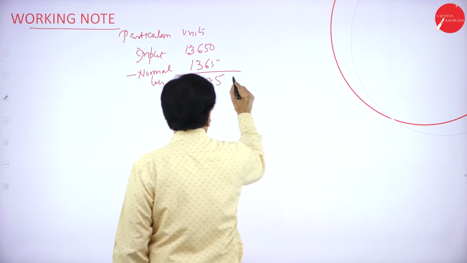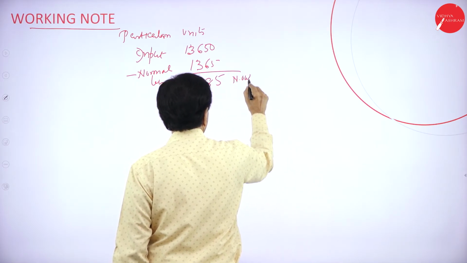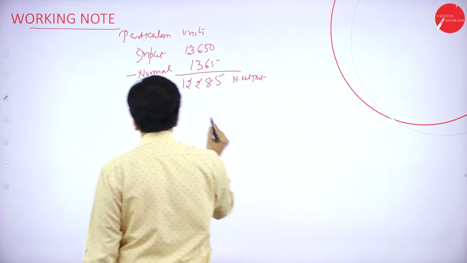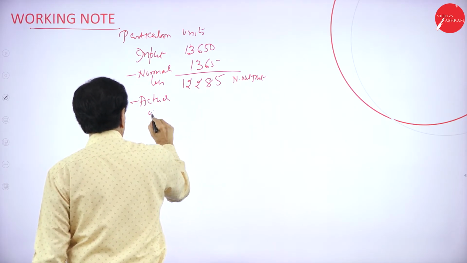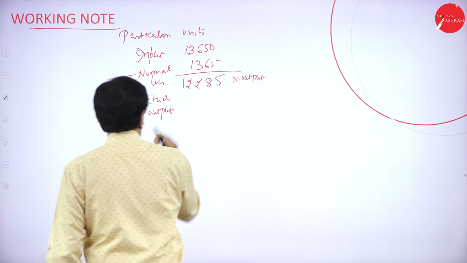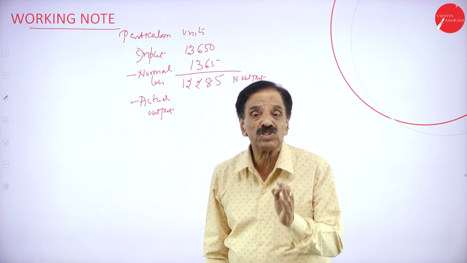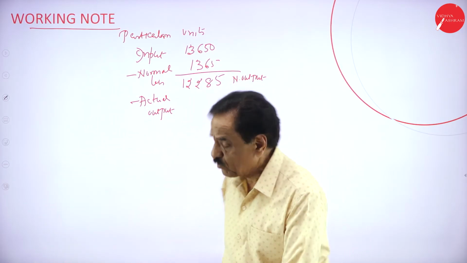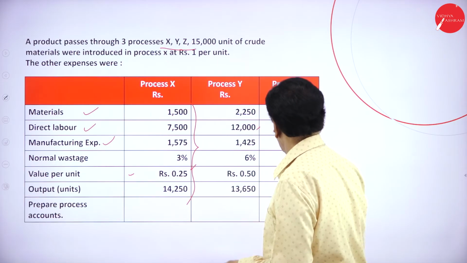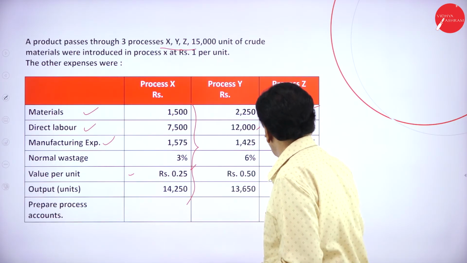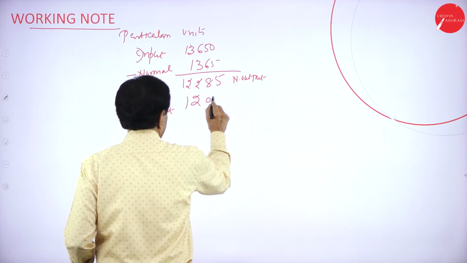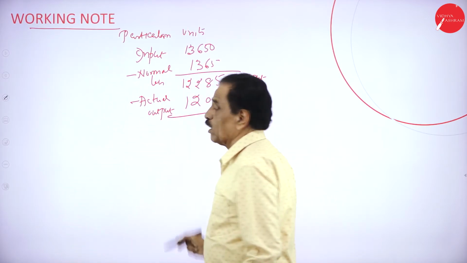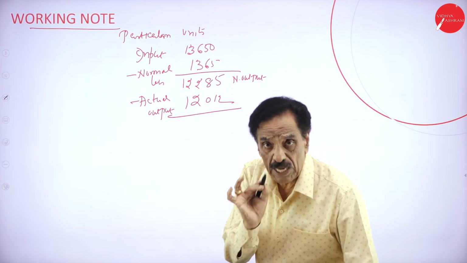This is normal output minus actual output. How much you require? 12,285 require. What's your actual output? 12,012 is there. Less. You require how much? 12,285.